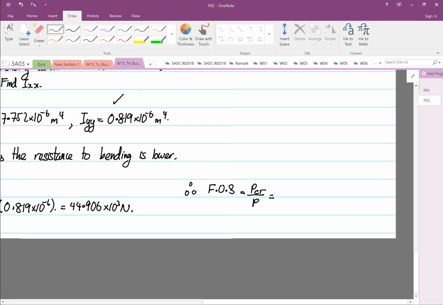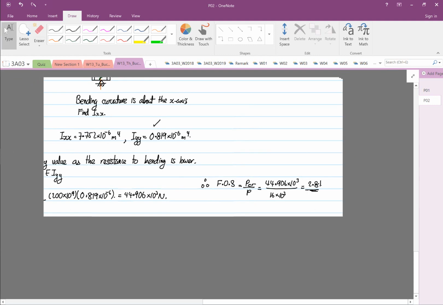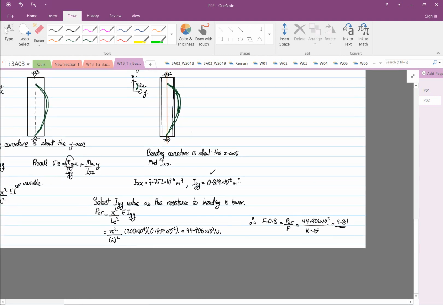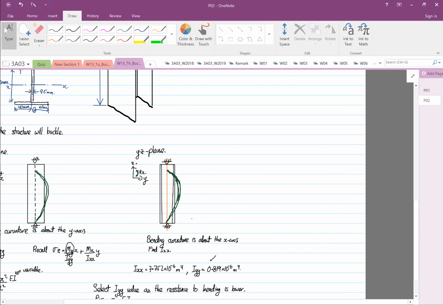This will be equal to 44.906 times 10 to the power 3 divided by 16 times 10 to the power 3. So this is equal to 2.81. That is our factor of safety for the structure that we have calculated.